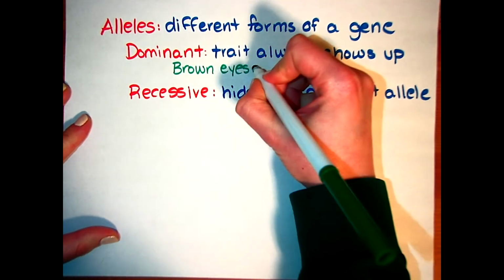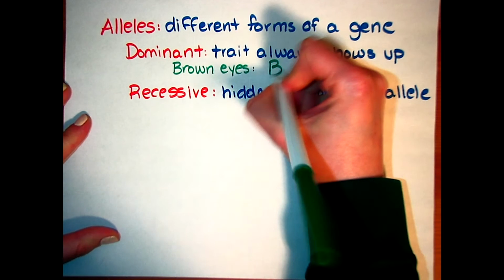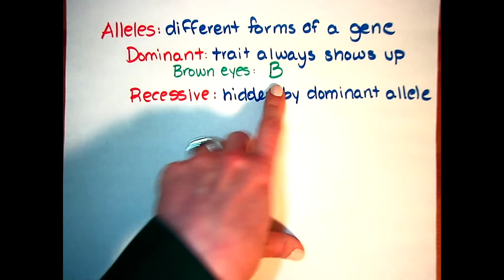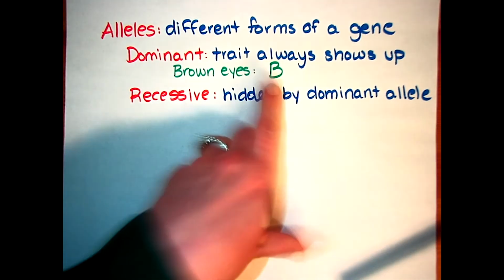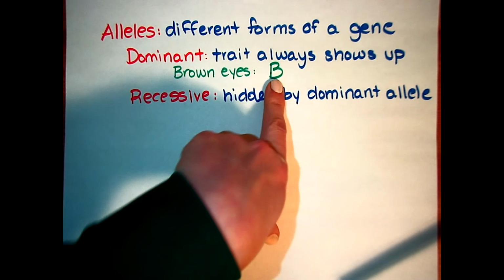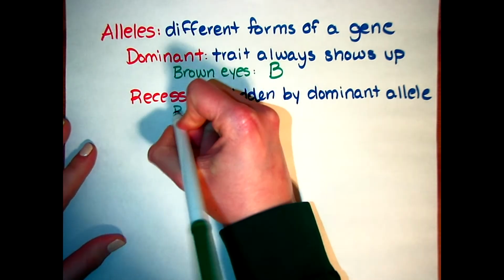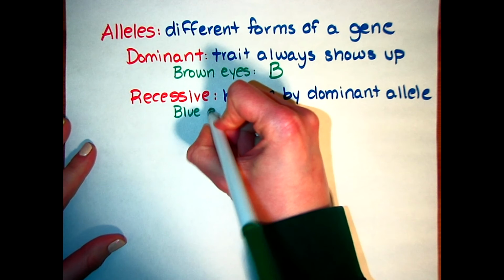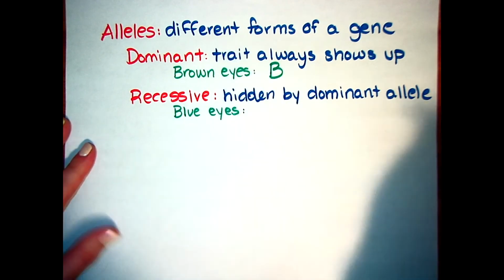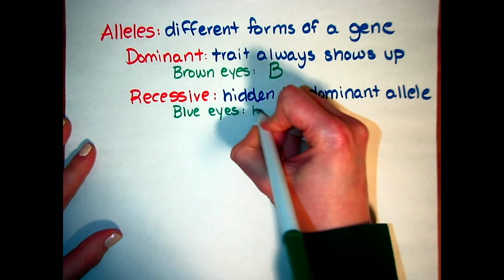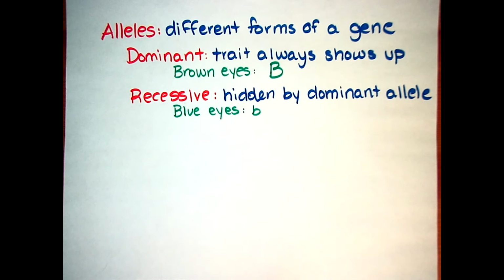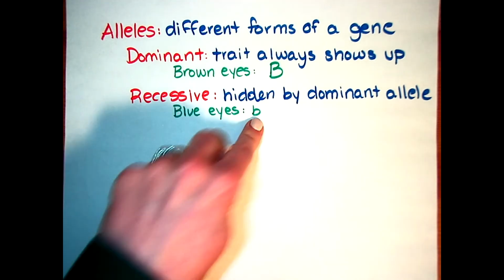If your DNA, if your gene has a dominant allele for the trait brown eyes, we would note that with a B. Blue eyes are recessive. We're going to use a lowercase b to represent that. So if you have a gene in your DNA for blue eyes, we would show that by using a lowercase b to represent it.